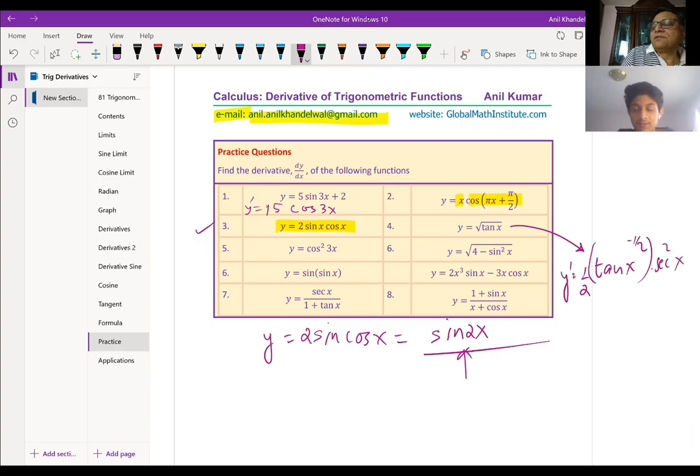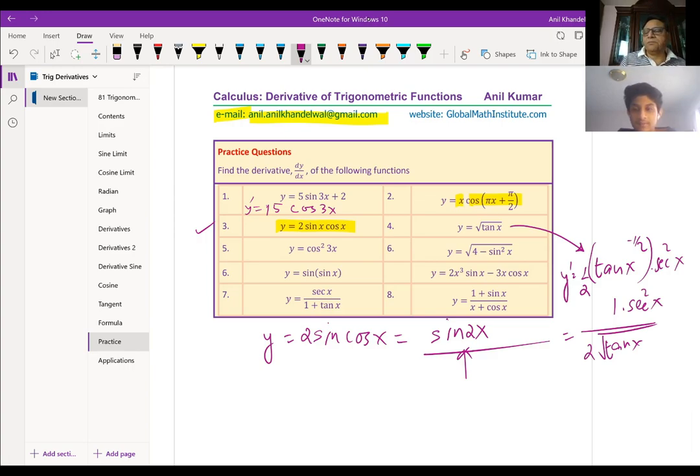Perfect. You see how easy it becomes? You understand the concept now, right? So you straight away write 1 over 2 square root of tan x, times secant squared x, right?